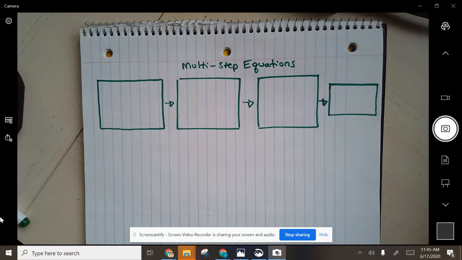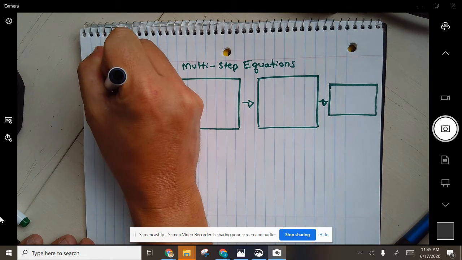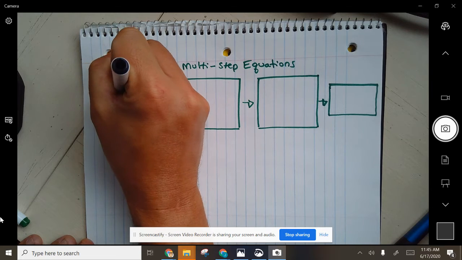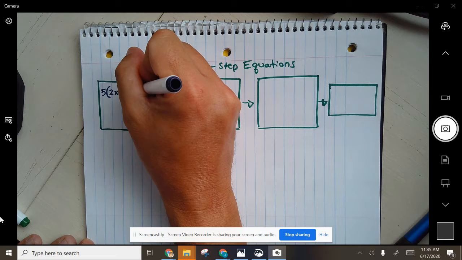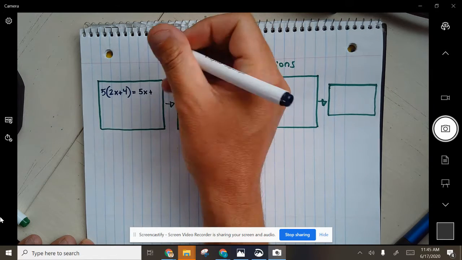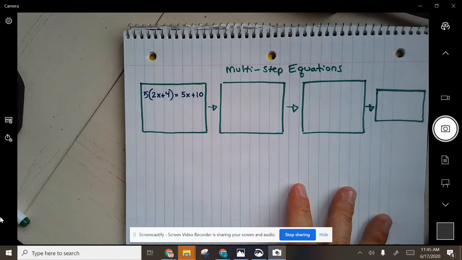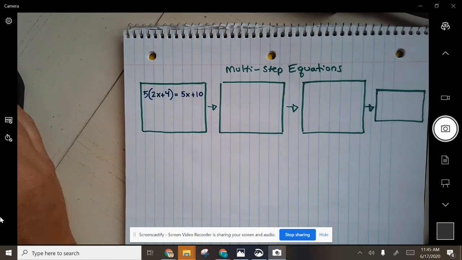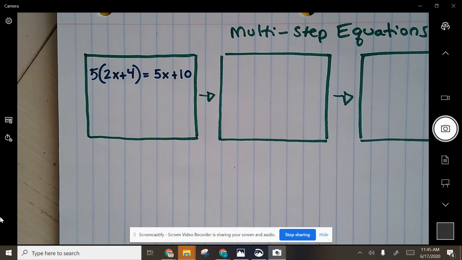All right, so let me use this pen. It's going to be 5. All right, now take a look at what I did there. Now this time, you notice there is an extra step.